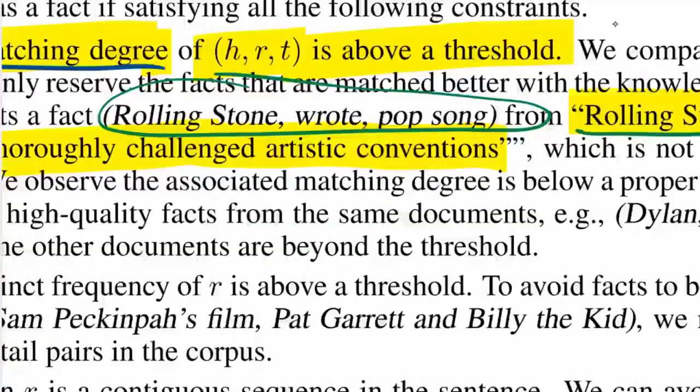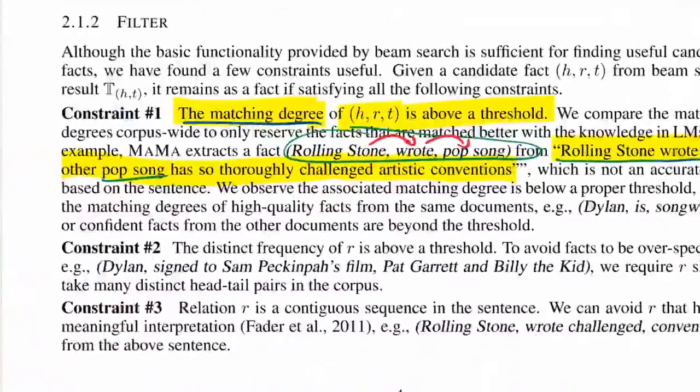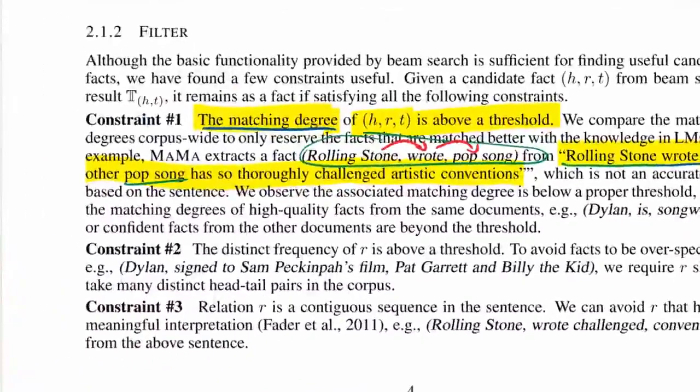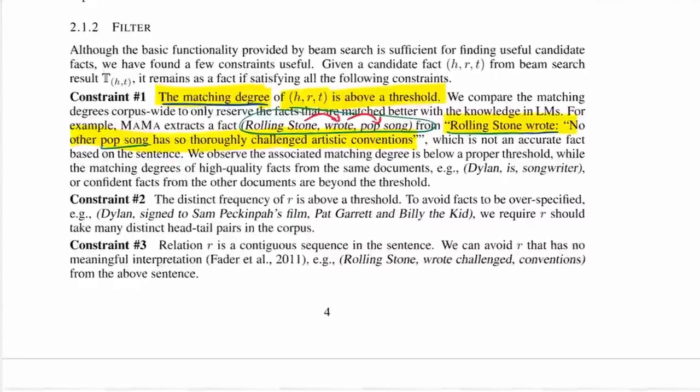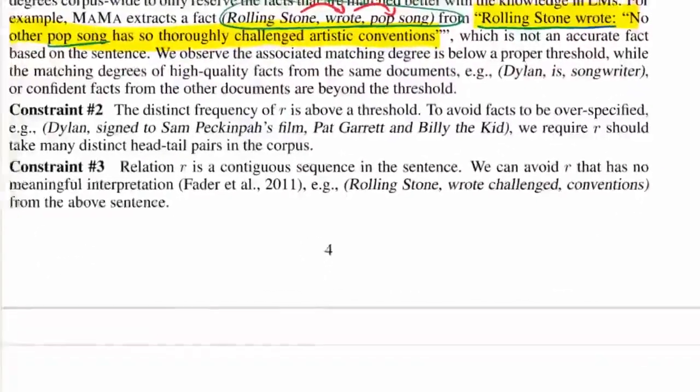So the language model thinks that "wrote" is a very good follow to "Rolling Stone", and "pop song" is a very good follow for "wrote", or the other way around, depending on which way the attention matrix is. But the language model thinks that these words together make sense in the context of this entire sentence. So, as I said, think of it as a bit of a summarization paper, but with more constraints.